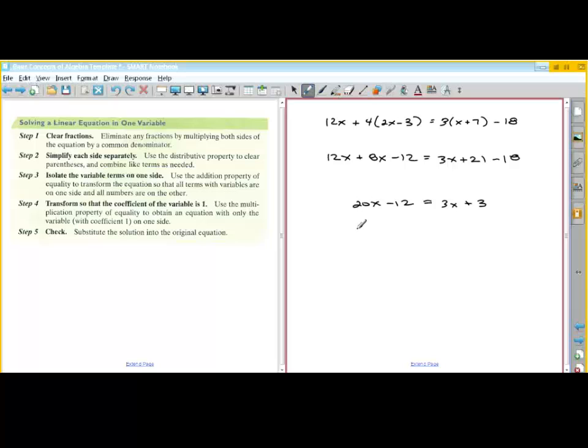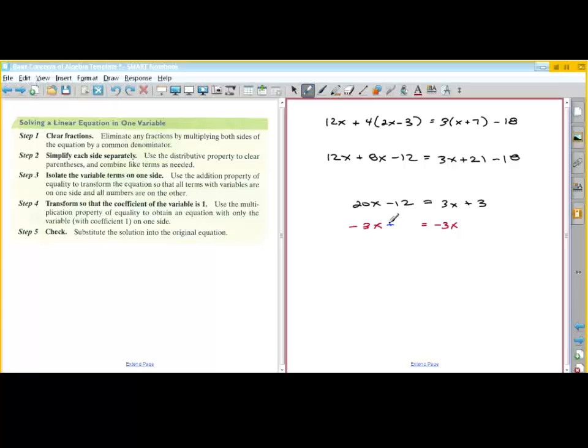Then you use the addition property of equality. So I always like my variables to be on the left-hand side. So I need to get this number and eliminate that. So the only way you can eliminate it is by adding the additive inverse. And you do that to both sides.